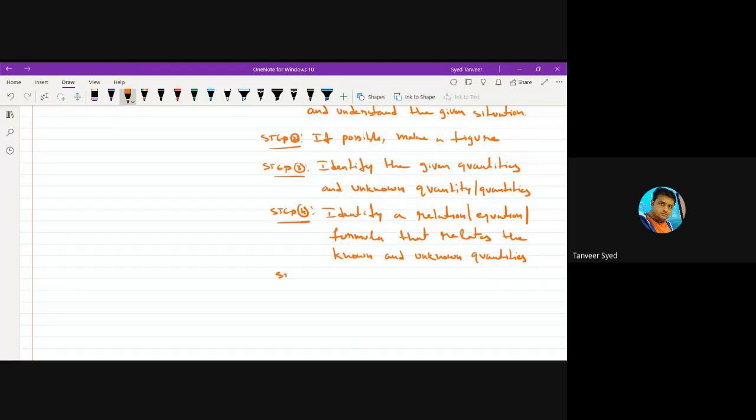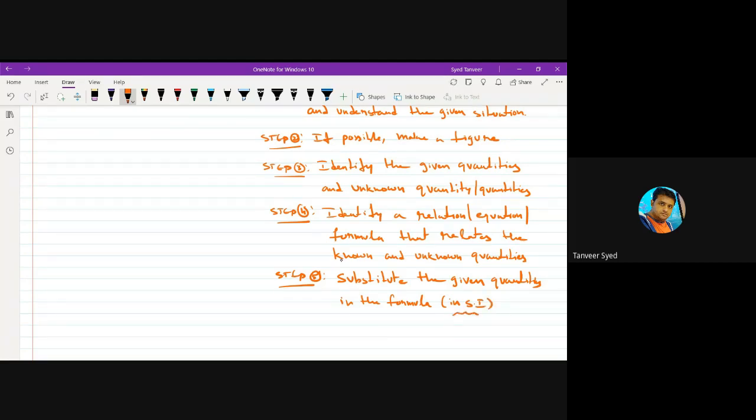Then, after you identify the required formula, required relation, substitute the given quantities in the formula, and in SI.